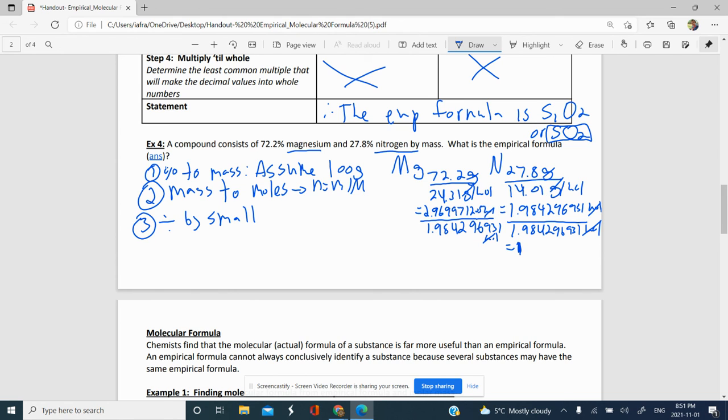And then the 2.96 divided by 1.984296931 is about 1.496737287. I cannot round the 1.49 right now, so I need to multiply until whole.